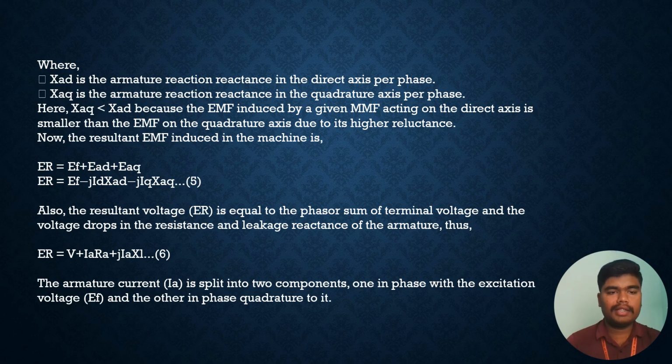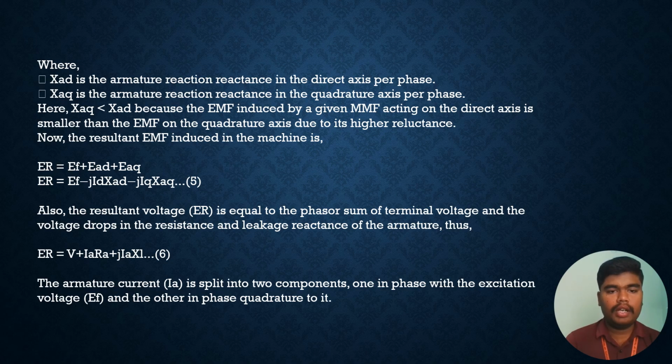Here XAD is the armature reactance in the direct axis per phase, and XAQ is the armature reactance in the quadrature axis per phase. Here XAQ is less than XAD because the EMF induced by the given MMF acting on the quadrature axis is smaller than the EMF on the direct axis due to its high reluctance.